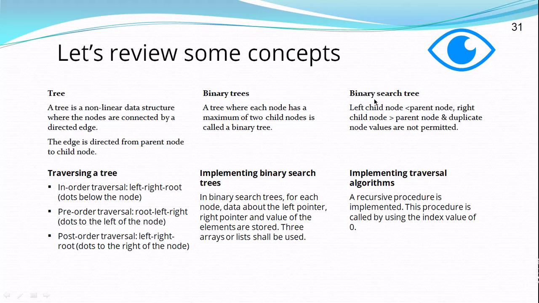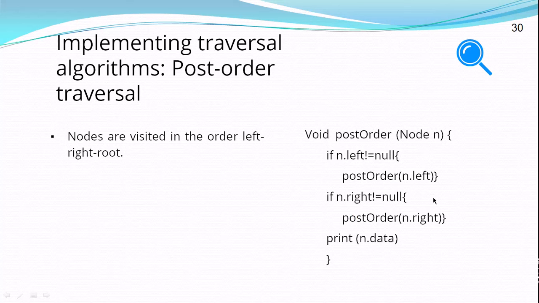Here's the rule for constructing a binary search tree. And to implement the traversal algorithms, we're using a recursively defined procedure in every case. As I've said before, just having a look at this post-order, I'm defining a post-order operation, but I'm using post-order.